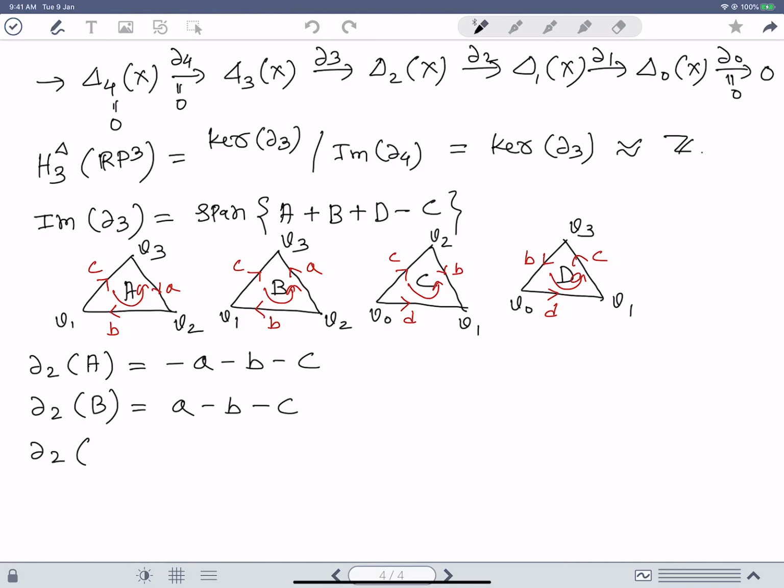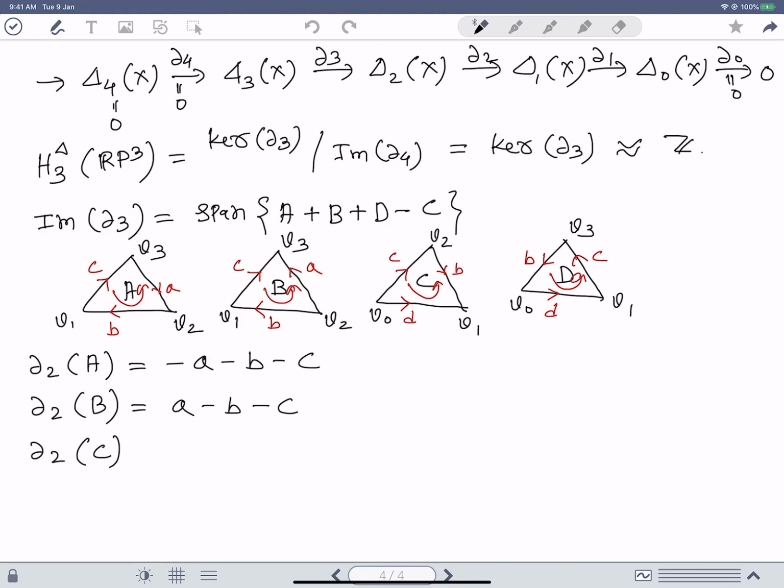Suppose we want to find delta 2 of C. Now what is my delta 2 of C? If you look at B, B is going from V2 to V1. But in our orientation C is anti-clockwise, so it is going from V1 to V2.